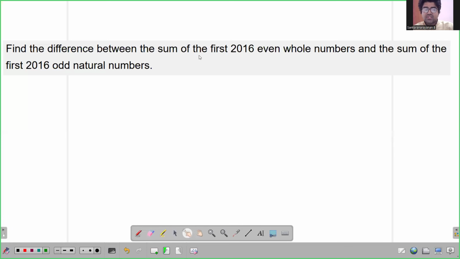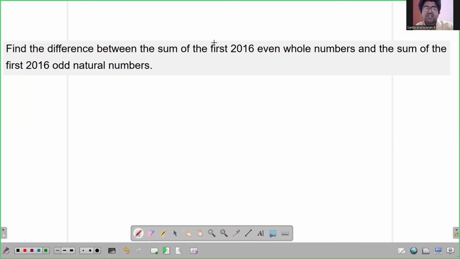So consider the question here. Find the difference between the sum of the first 2016 even whole numbers and the sum of the first 2016 odd natural numbers. It's just a matter of arranging these numbers as mentioned.